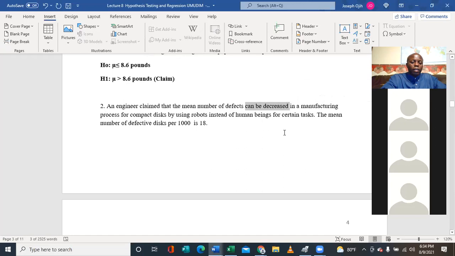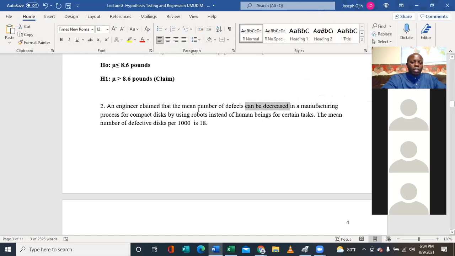I just did, with the highlighter. Can be decreased. So the mean number of defects per 1,000 is 18.